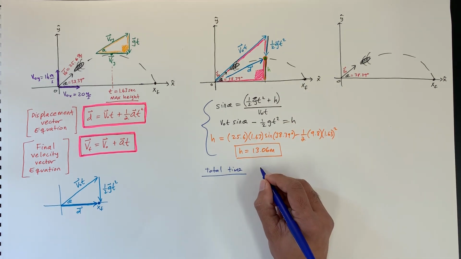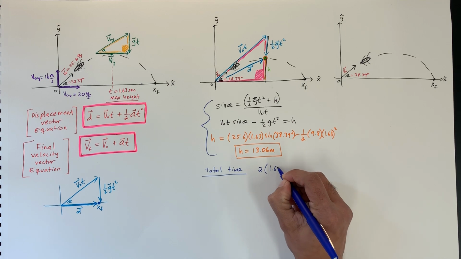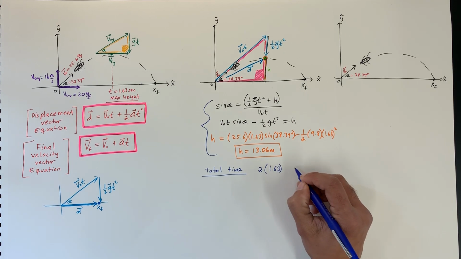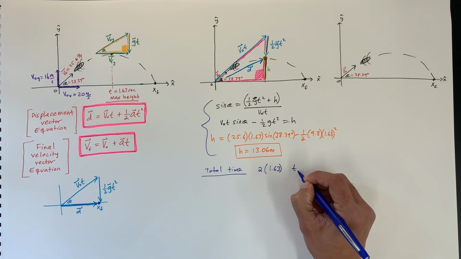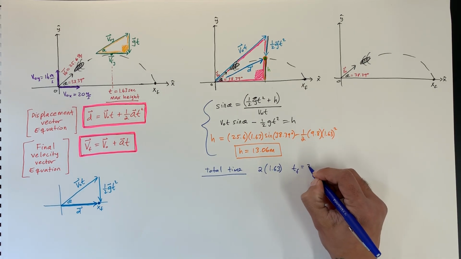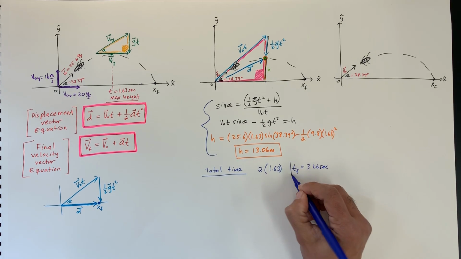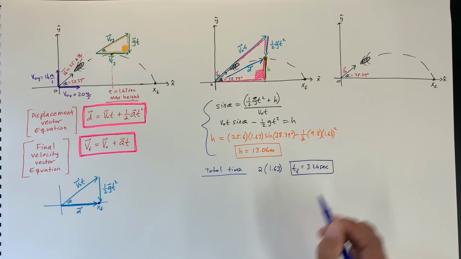So all we need to do is double up the maximum height. Okay, and that's gonna give us our total time of 3.26 seconds. So time final, or total time of flight.